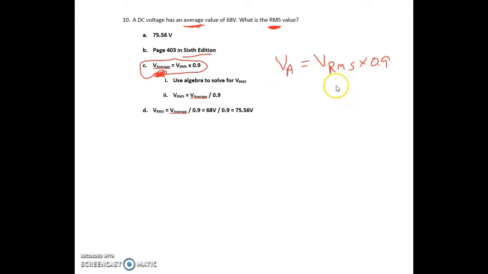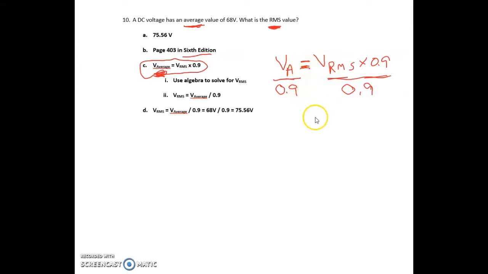With an equation like this, if we do something to one side of the equation, we have to do the same thing on the other side. V average equals V RMS times 0.9. The left side equals the right side. If we take the right side and divide by 0.9, and do the same exact thing on the left side, it's still an equation.